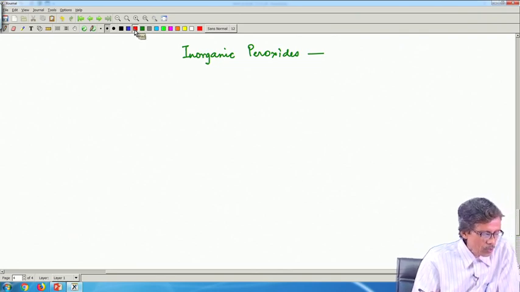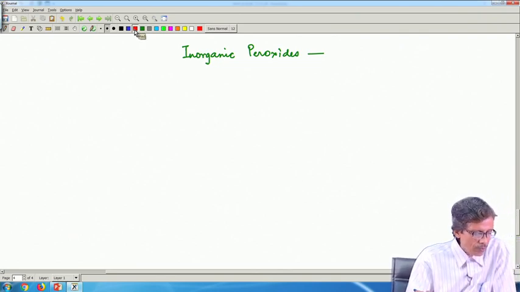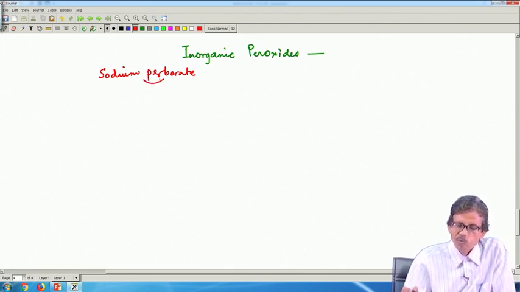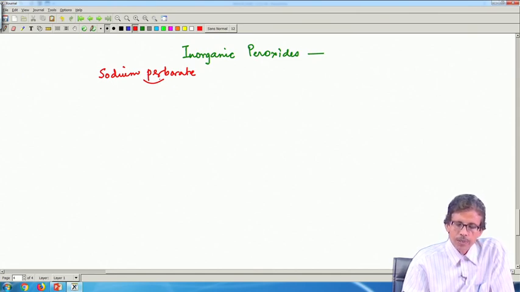So, this can be utilized for different reactions. One such is commonly known as sodium perborate. When the name says per, it means there is a peroxide structure, on a borate base, and sodium is present as a cation.